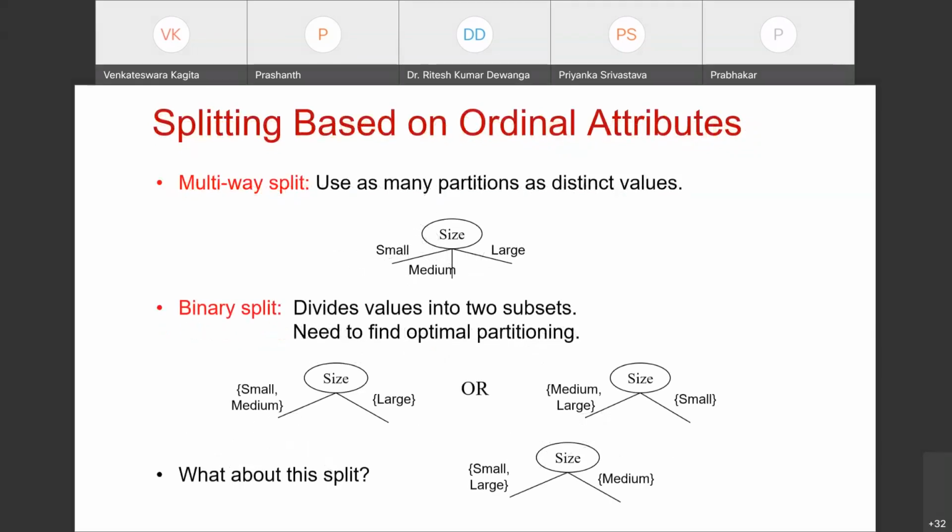You need not check all the combinations if the data is ordinal. For example, small, medium and large. You can check small, medium versus large, and medium, large versus small. But you need not check small, large versus medium. It doesn't make any sense, right? So you need not check that kind of split in the case of ordinal data.